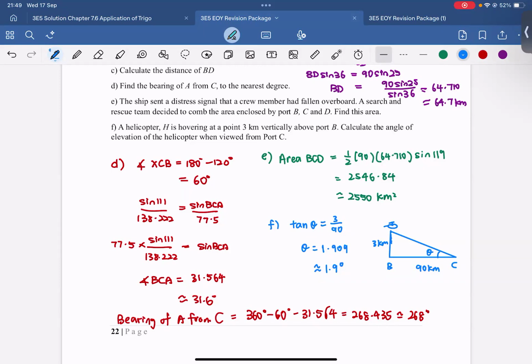Wait, so how come E need to round off? Why cannot leave at 2546.84? 3 sig fig, hello, the rule. Not exact 3 significant figure.